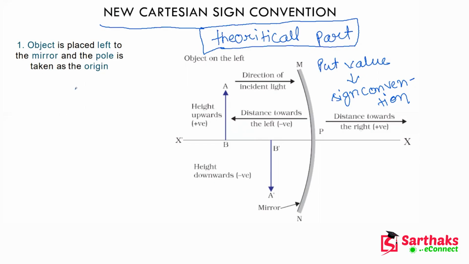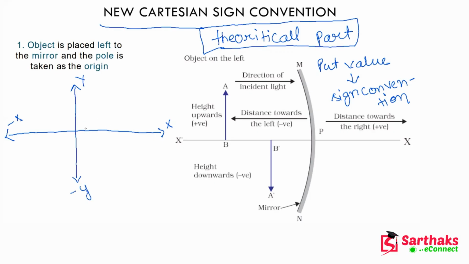Let's suppose this is a graph. In our mathematics, we frequently use graphs. This is the x-axis, this is the y-axis, this is minus x, this is minus y.